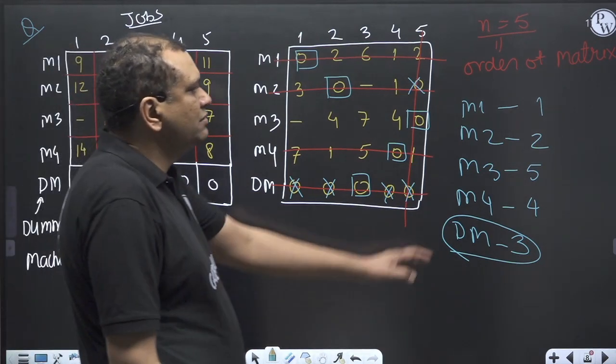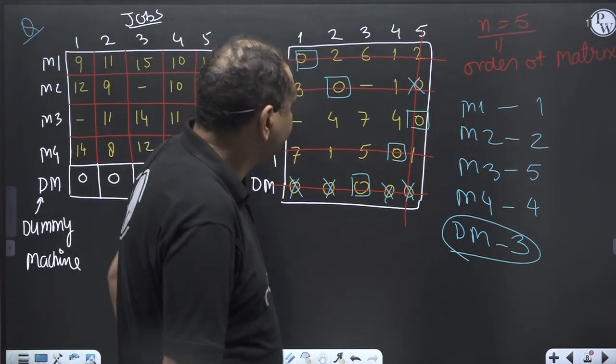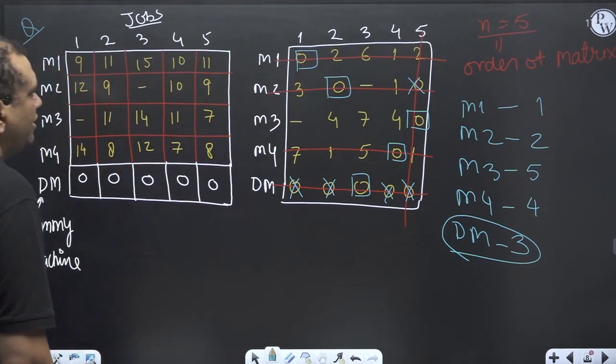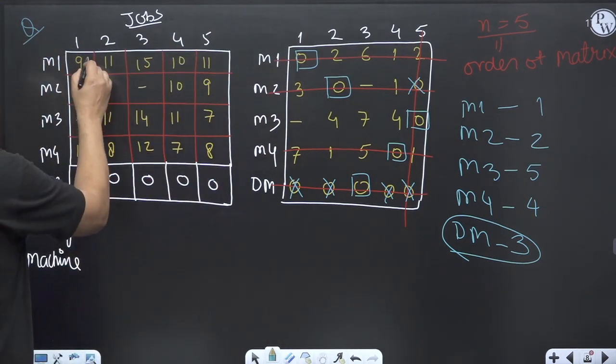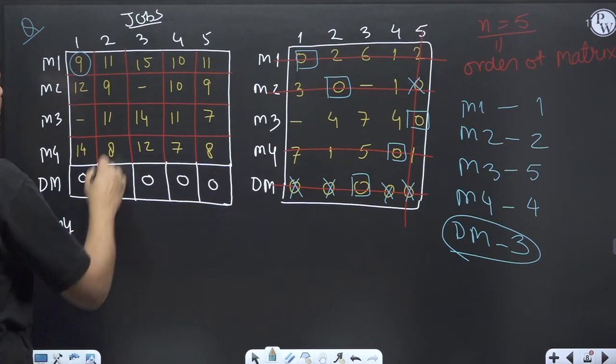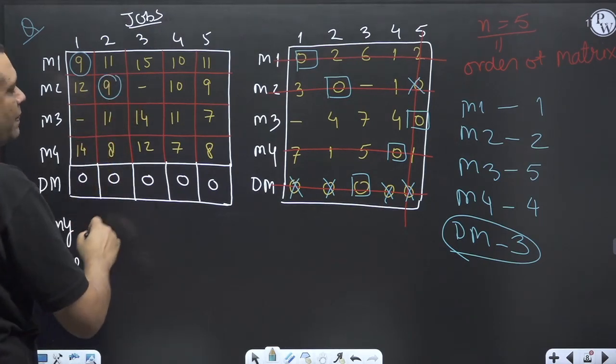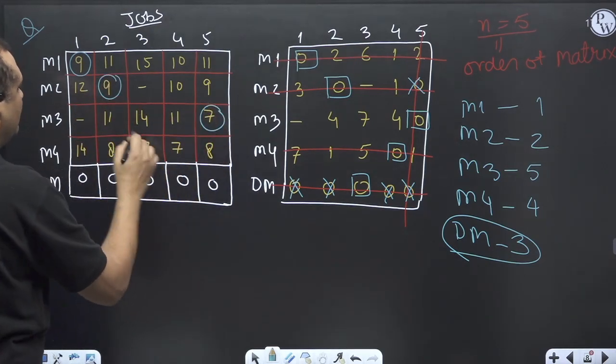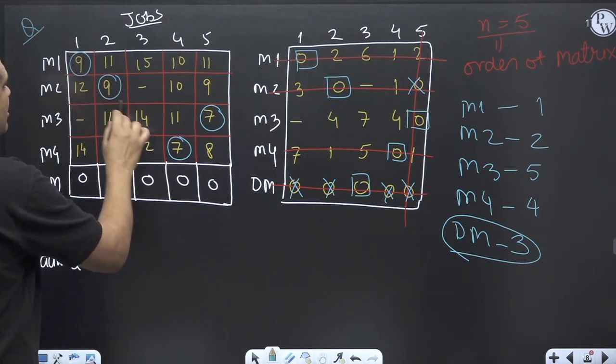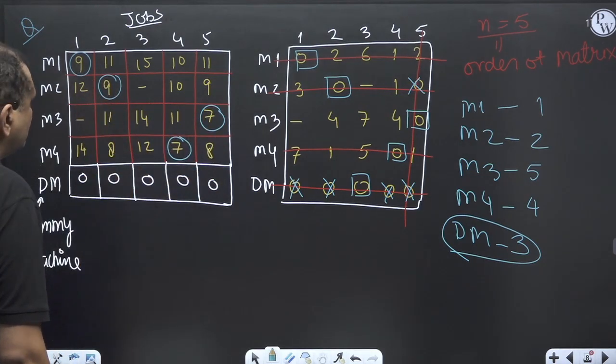This is the assignment, and the total time, over the original matrix, is M1 to 1, M2 to 2, M3 to 5, M4 to 4. So 9 plus 9 plus 7 plus 7, that is 32.